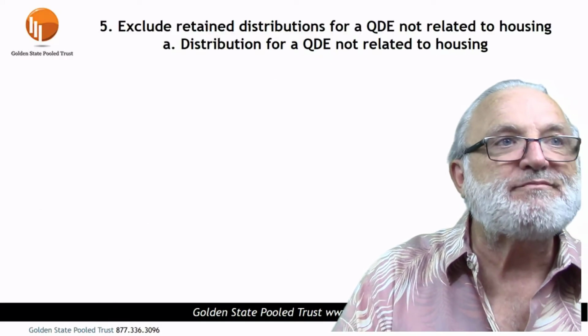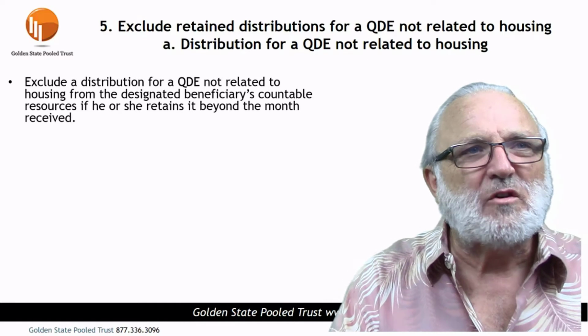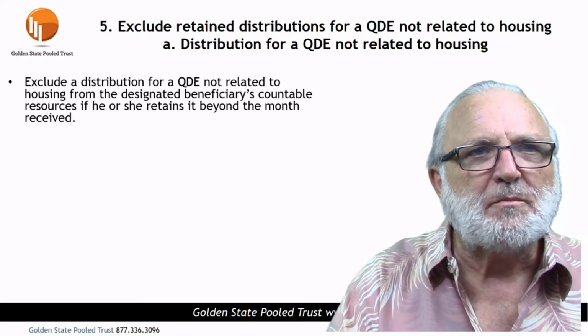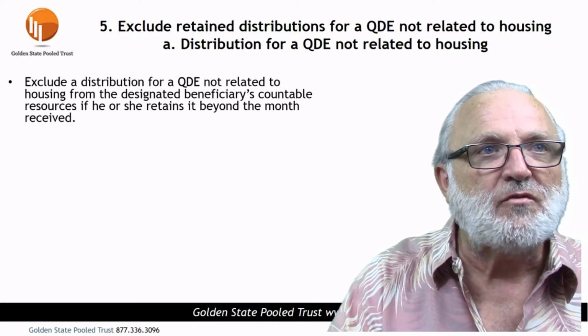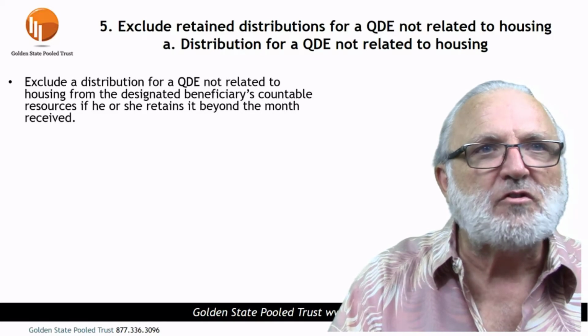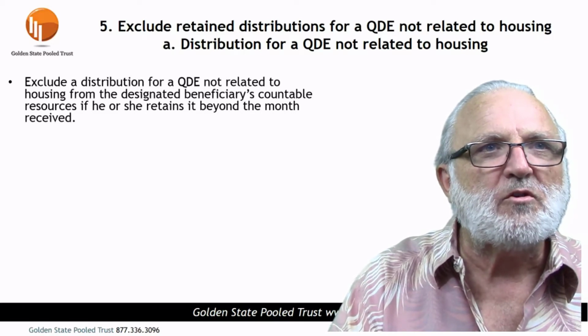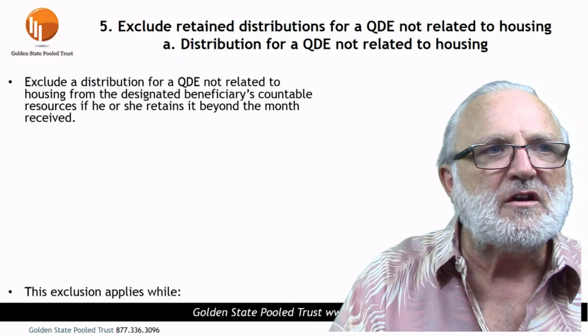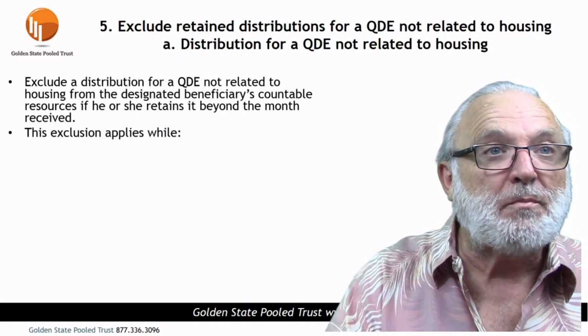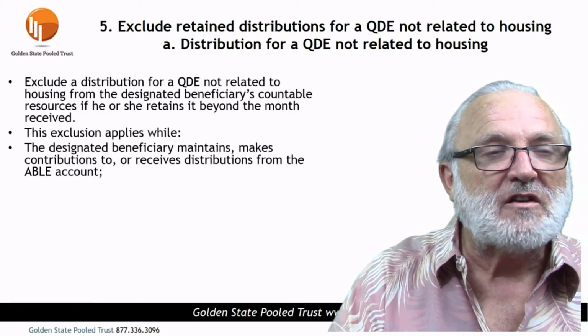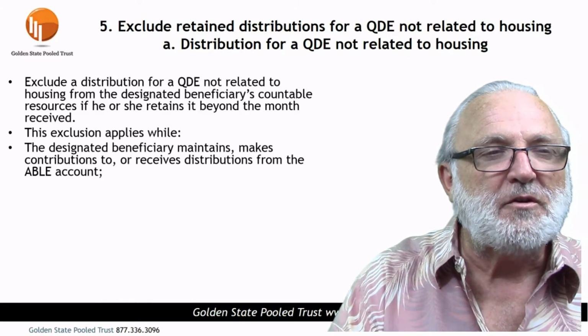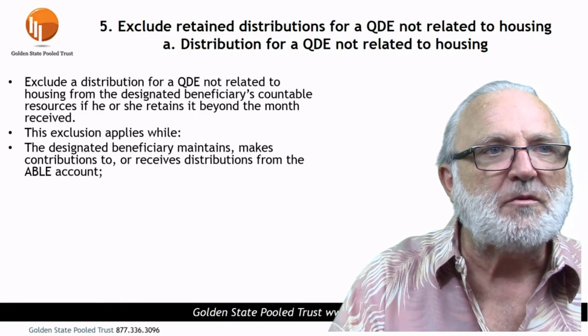It also says to exclude a distribution for a qualified disability expense not related to housing from the designated beneficiary's countable resources if he or she retains it beyond the month received. This exclusion applies while the designated beneficiary maintains, makes contributions to, or receives distributions from the ABLE account.